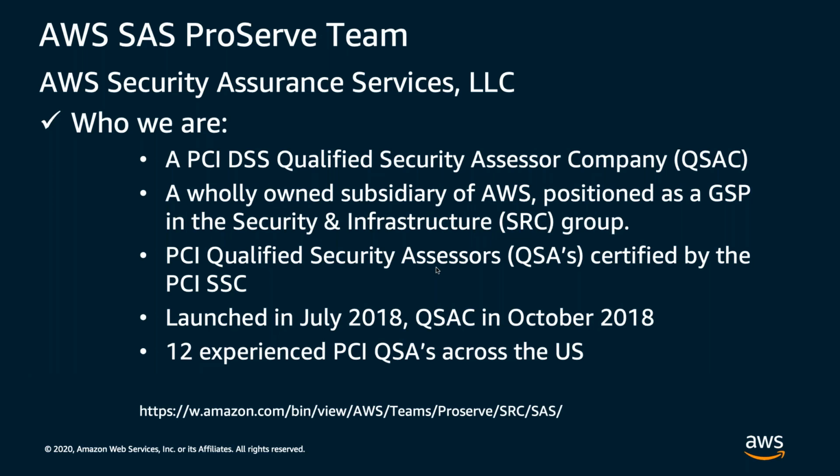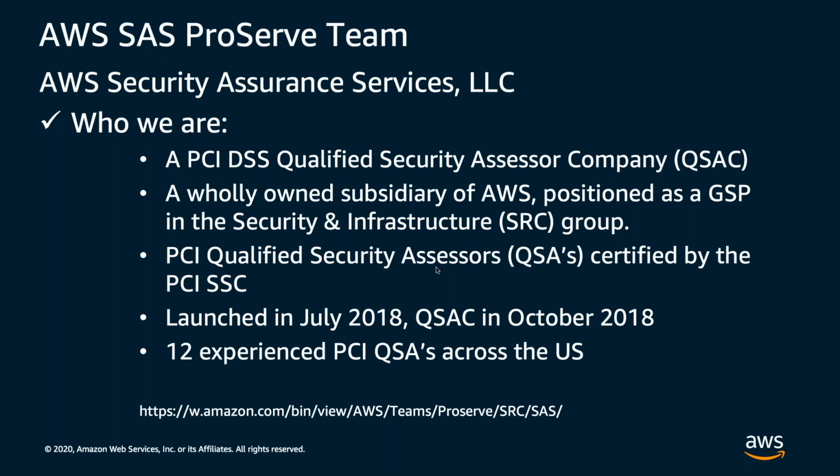As I just mentioned, the QSA is a person certified by the PCI Security Standards Council to perform PCI DSS assessments for organizations and to complete report on compliance, self-assessment questionnaire, and attestation of compliance forms. Here at AWS, there is a team of QSAs on the AWS Security Assurance Services team that helped review the AWS Security Hub rules for relevance to the requirements in the PCI DSS.